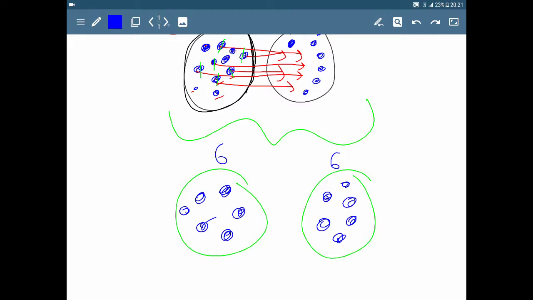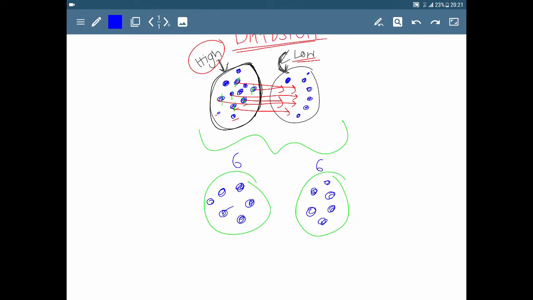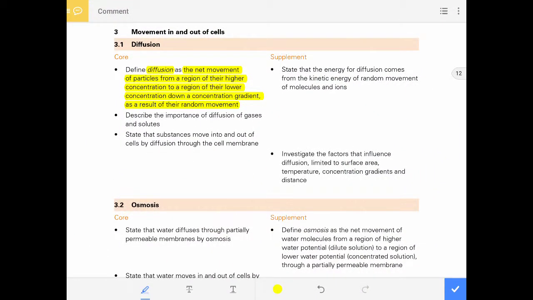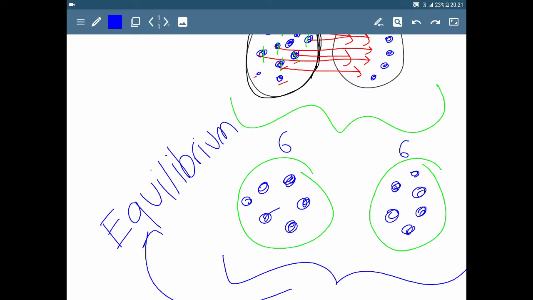It's not exactly 6, but it's going to be in a state of equilibrium. Okay? We mentioned this: substances move into and out of cells by diffusion through cell membranes. So diffusion always happens through the cell membrane.